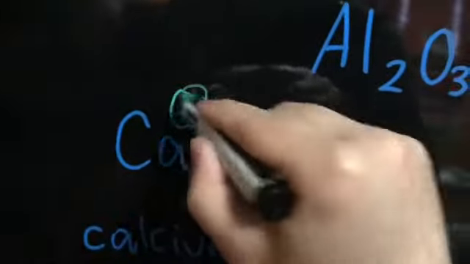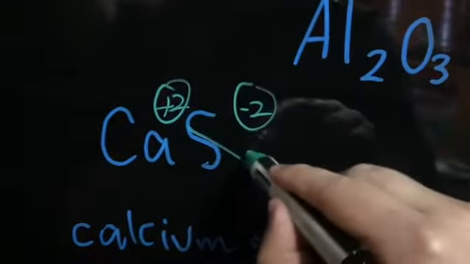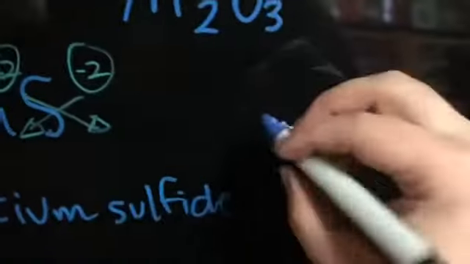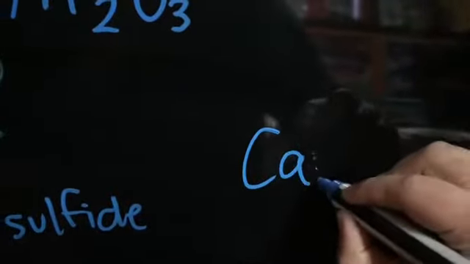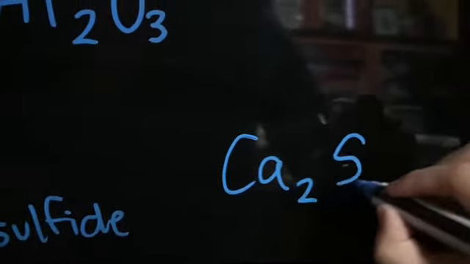So if I write them in here, I would have +2 and -2. And then I'm just going to crisscross them over like so, and we get Ca2S2.